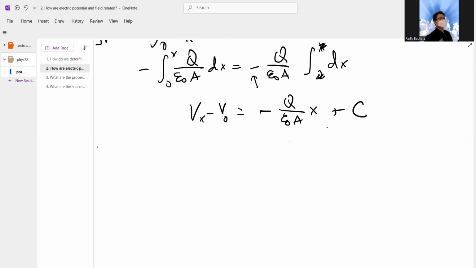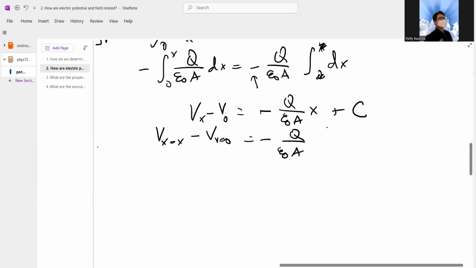Here what I did is to expand this, Vx at x equals 0, so it's negative x plus C. Let's erase this one.